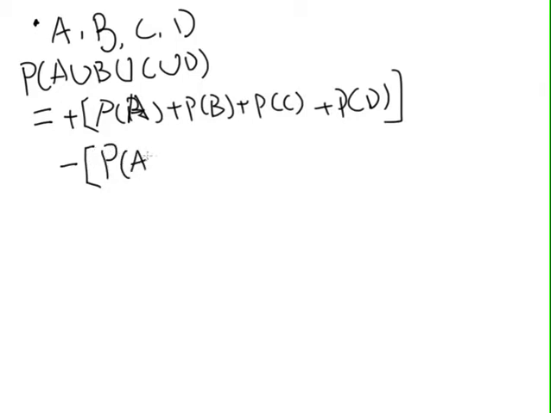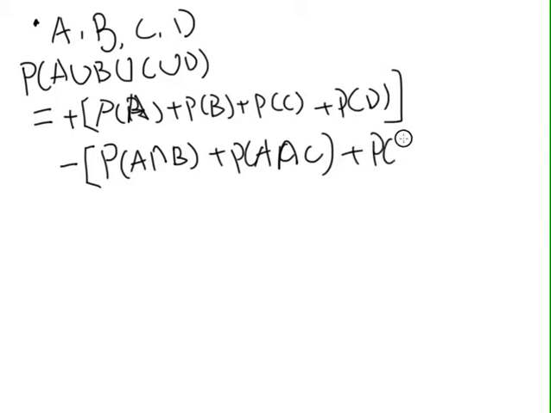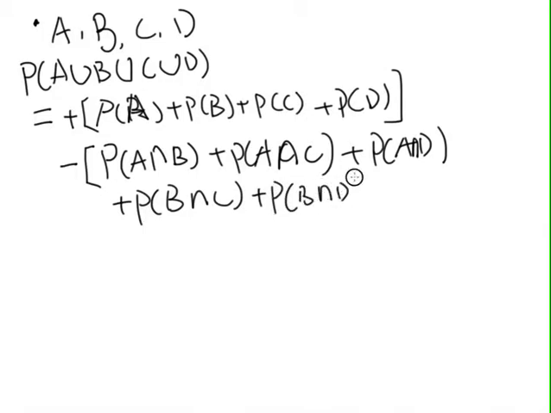In this case, it would be AB, AC, AD, and then BC, BD, and finally CD.